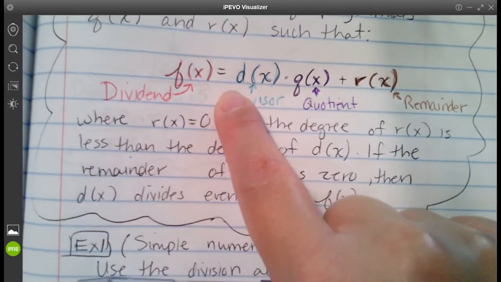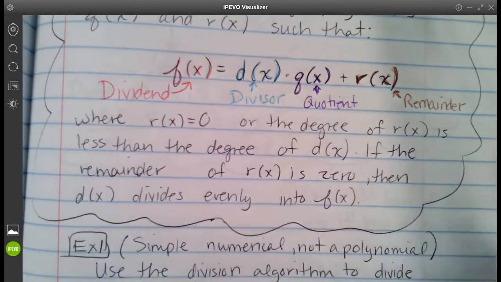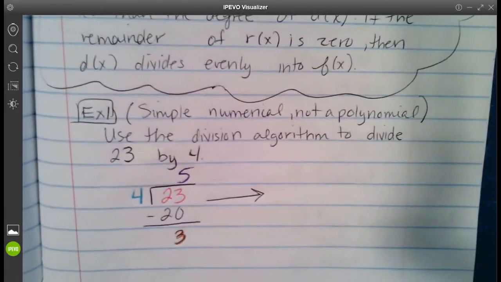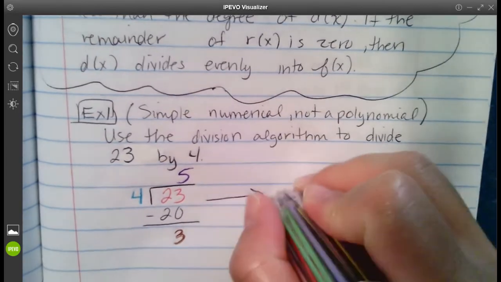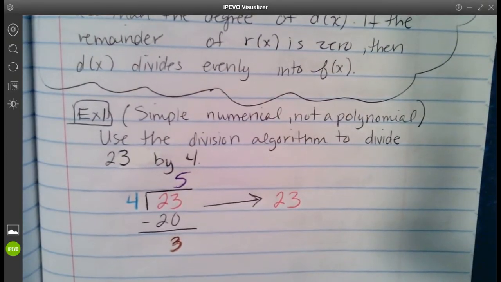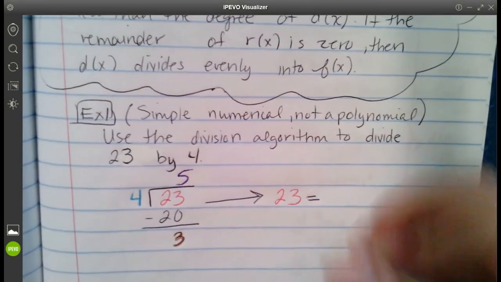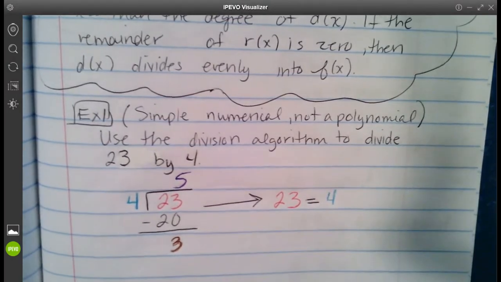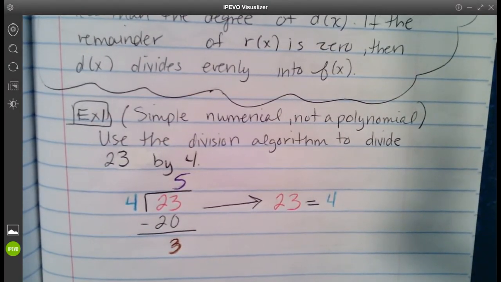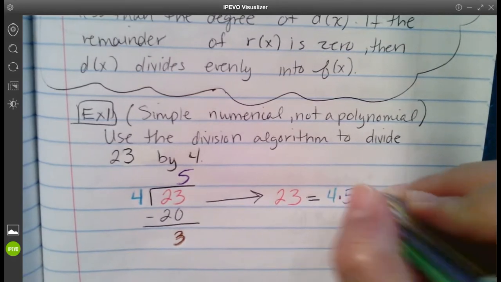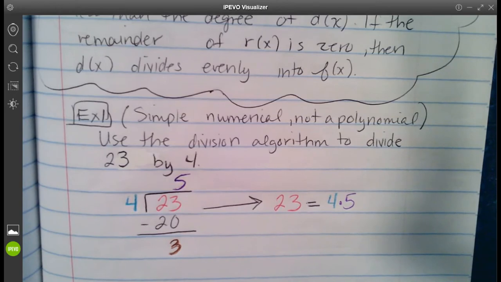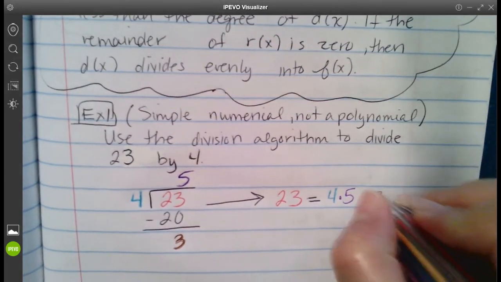According to my division algorithm, the dividend is equal to the divisor times the quotient plus the remainder. I'm going to be referencing this so you can look at it in your own notes. So 23 is equal to my divisor, 4, times our quotient, 5, plus the remainder, which in this case is 3, so plus 3.